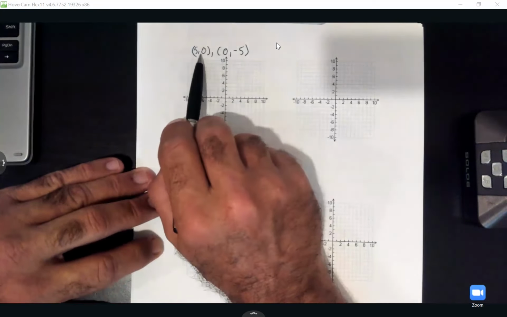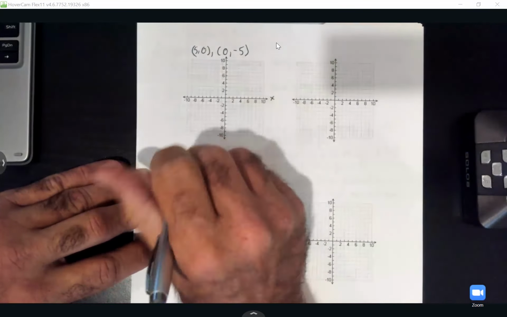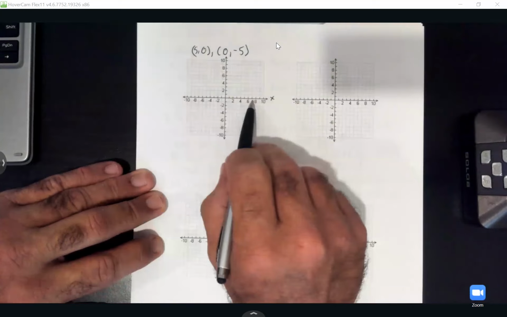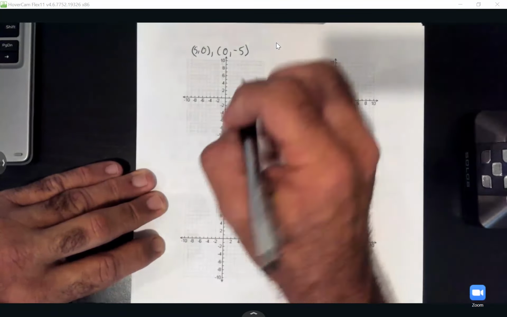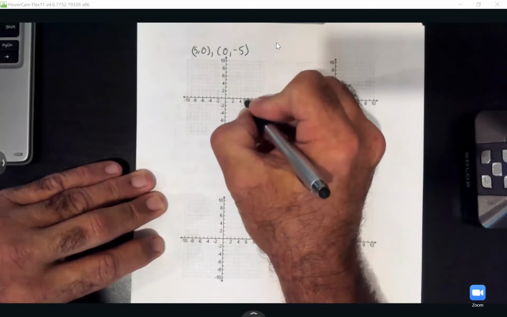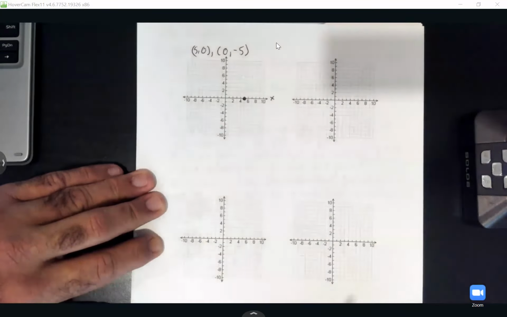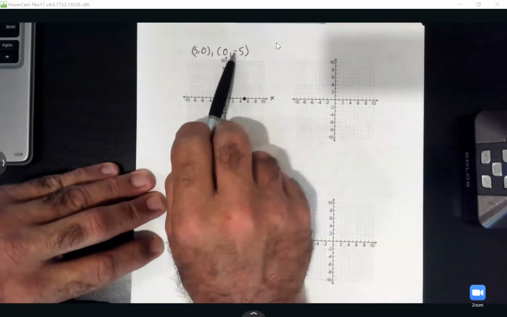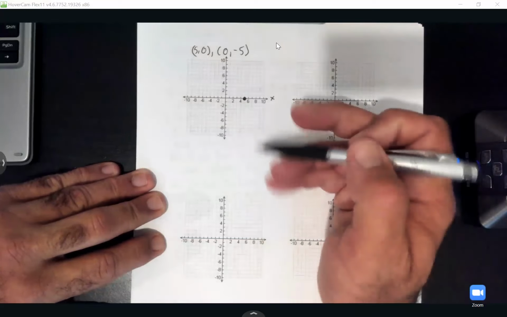So the first one was my x-intercept. Remember, it's going to end up on this x-axis going horizontal. So go right 5. 1, 2, 3, 4, 5. Since the y is 0, we stay there for our first point. Now the second point was my y-intercept, and it's going to end up on this y-axis.